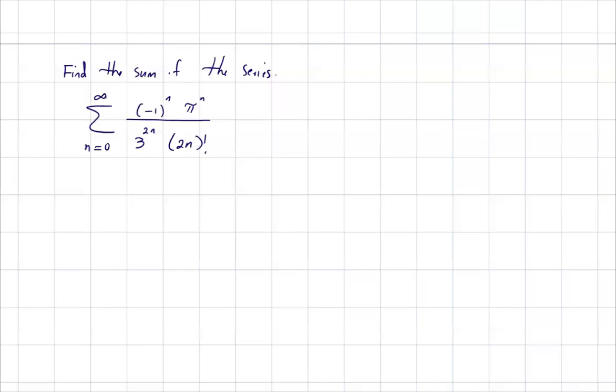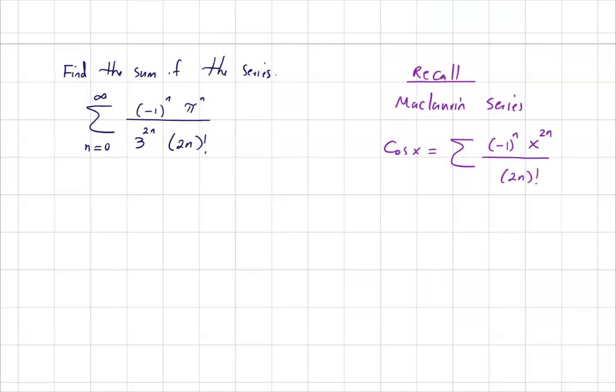Well, do I recognize this? Is it familiar to me? Recall that from Maclaurin series, the cosine function, cosine of x, can be written as the summation of (-1)^n x^(2n) divided by (2n) factorial, n starts from 0 and goes to infinity.